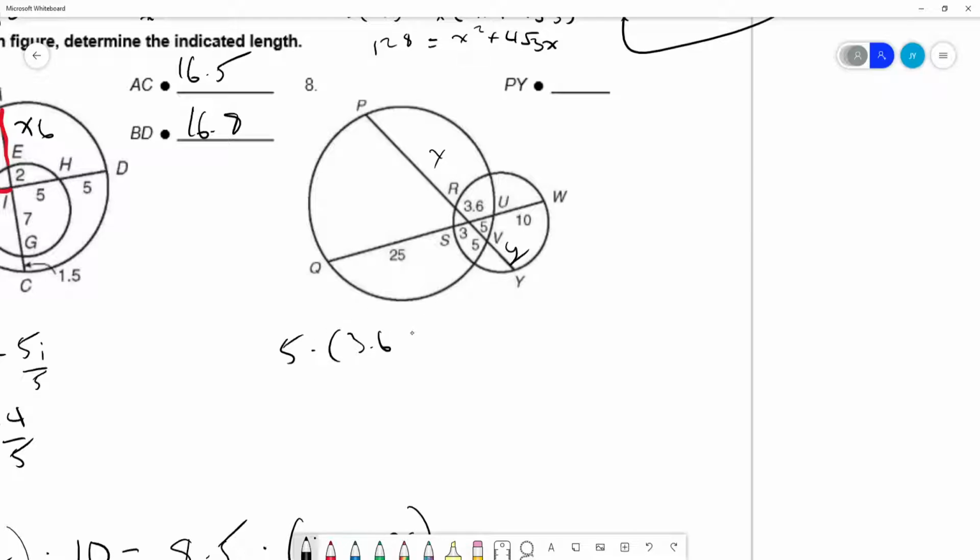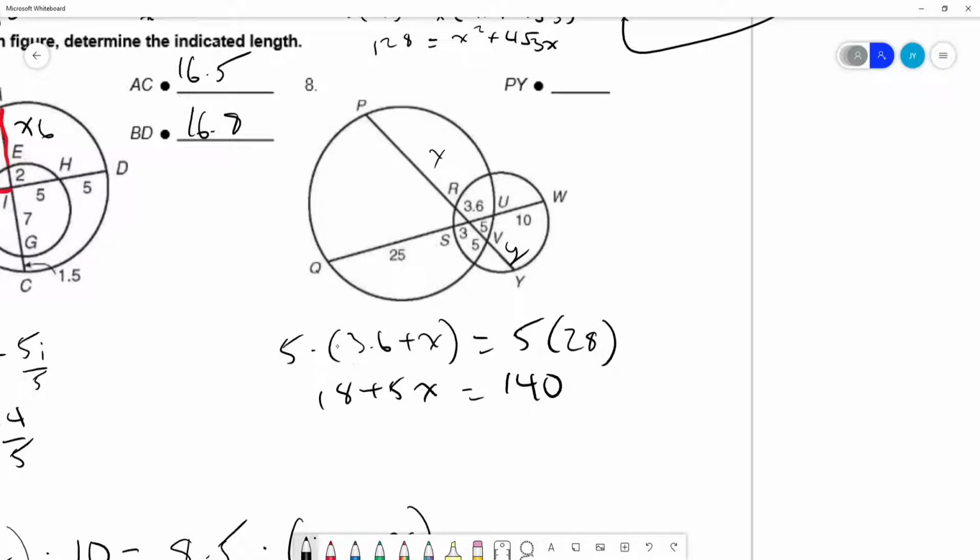So 5 times (3.6 plus x) is equal to 5 times 28. Adding this out, 5 times 3.6 is 18, plus 5x equals 5 times 28, so 140.